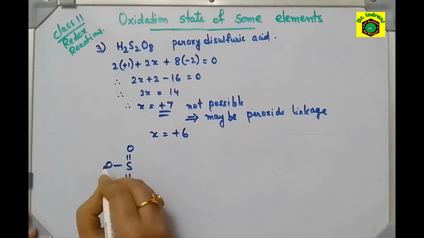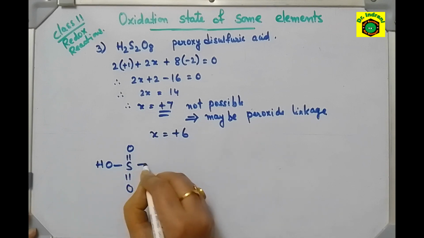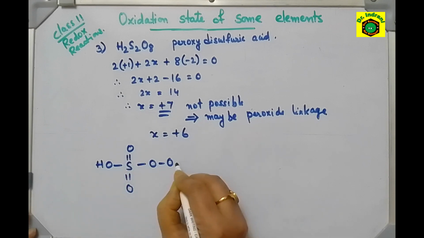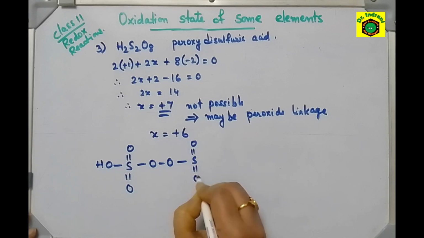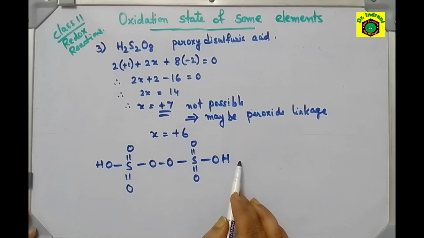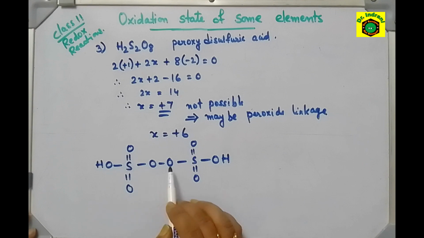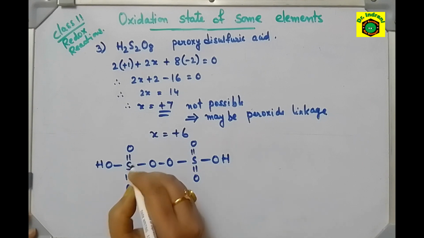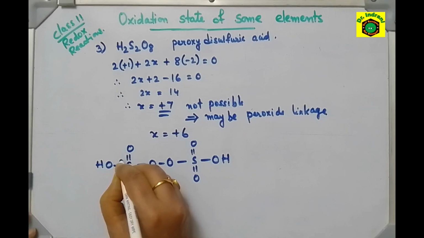From the Lewis method, we will determine only the oxidation state of sulfur here. H2S2O8, 1, 2, 3, 4, 5, 6, 7, 8. Now here this part of the covalent bond is +1.